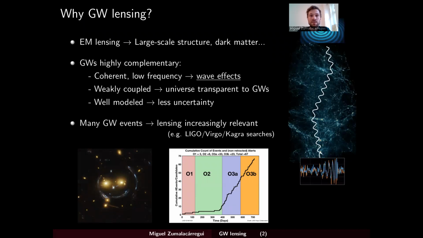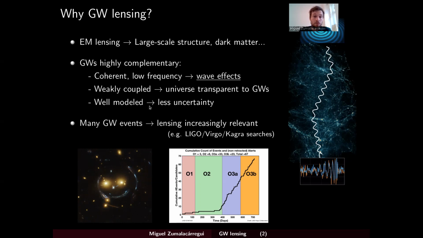As you know, gravitational waves are coherent and emitted at very low frequencies, and this will allow us to observe wave effects in gravitational wave lensing. Gravitational waves are also very weakly coupled, so the universe is fully transparent to them, and they're well modeled, in the sense that we can accurately describe the sources, which allows us to have less uncertainty in lensing measurements, which is something we do not have for electromagnetic systems.